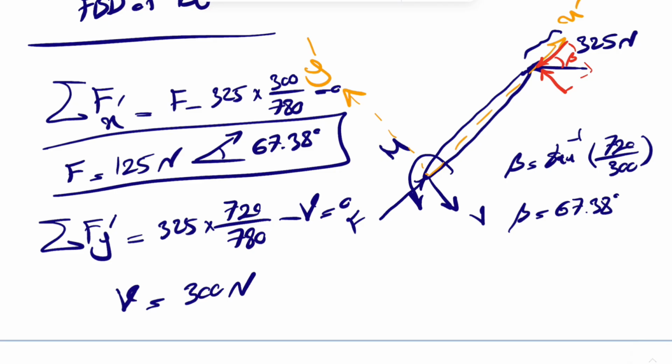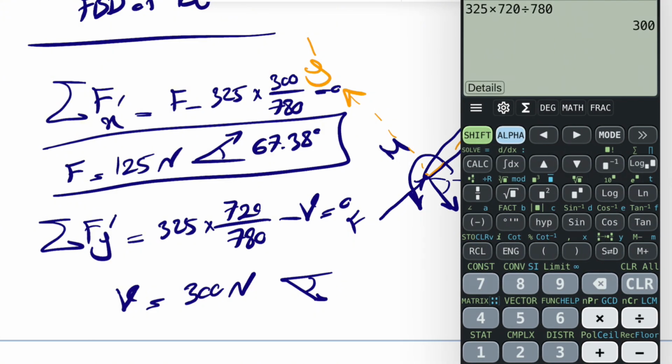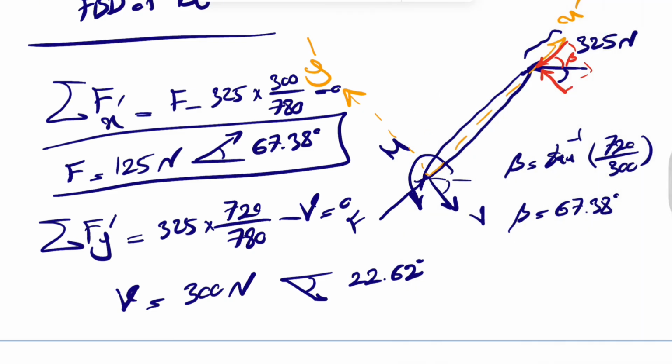And for the V that we have in here, if we want to show this angle, it's going to be 90 minus beta, or 90 minus 67.38. It's going to be 22.62 degrees.